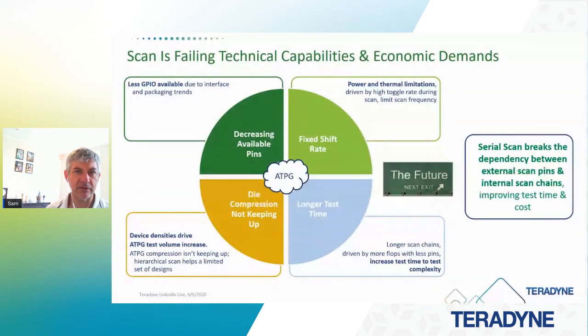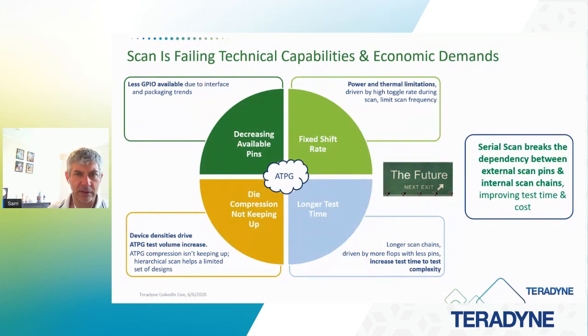So in mobile devices, you have package on package for memory integration. In advanced server parts, you're shifting to 2.5D and 3D packaging, including high bandwidth memory. And so there's generally less GPIO pins available.